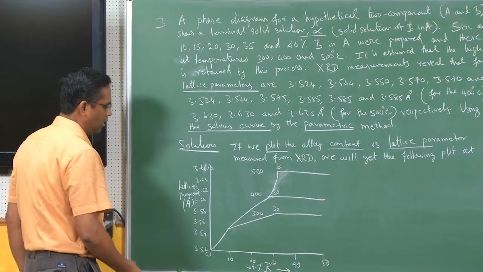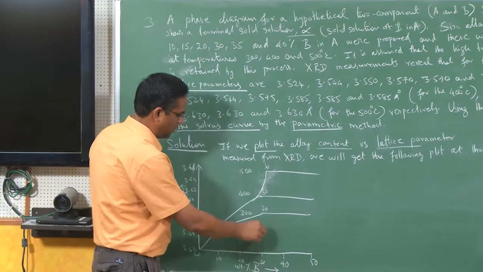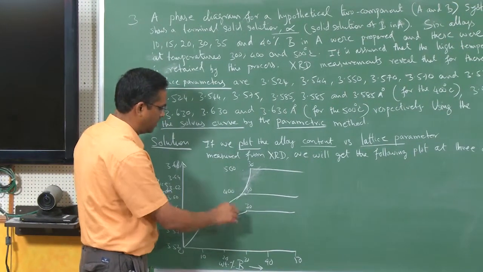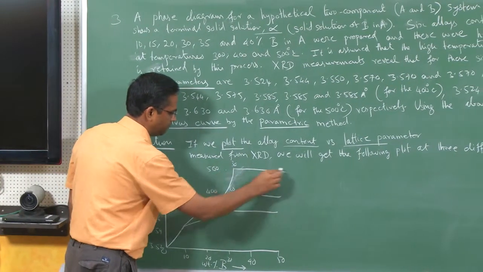What you have to appreciate from this plot is that after a particular composition, irrespective of the temperature, the lattice parameters become constant.